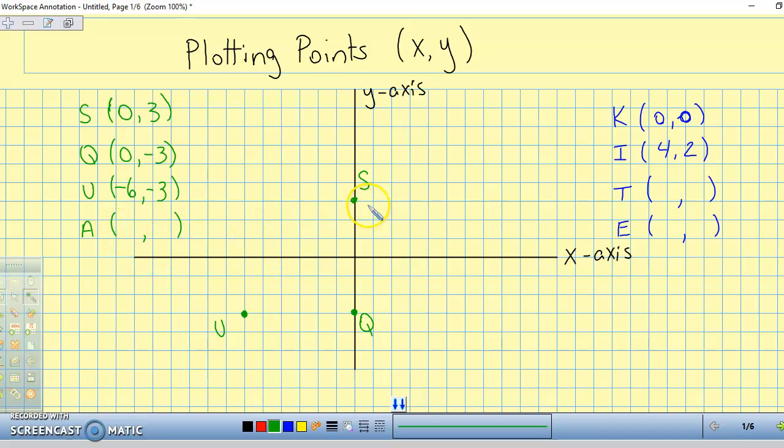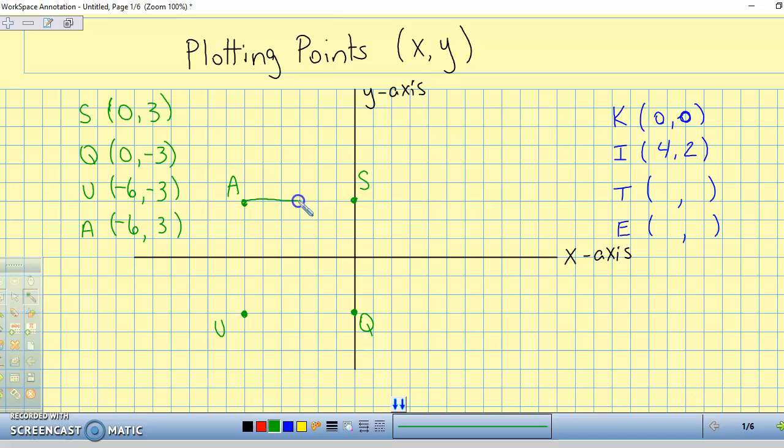To find A, A is going to have to be up in here for a square. So from S, I'm going to go left 1, 2, 3, 4, 5, 6 to figure out A. And then to do the coordinates of A, I always start from (0, 0). I went left 6 and then up 3.